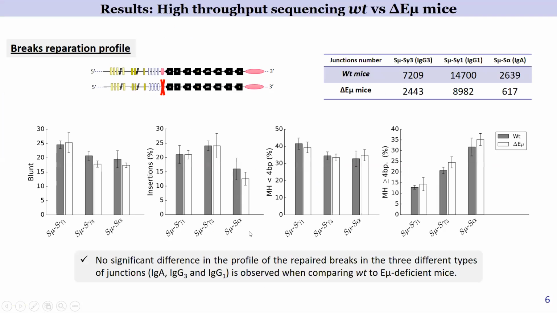The analysis of breaks reparation profile showed no effect of the deletion of the Eμ enhancer on the junction profiles on all of the 3 different isotypes, IgG1, IgG3, IgA, and all of the different structures: blunt, insertion, microhomology, and large homology.